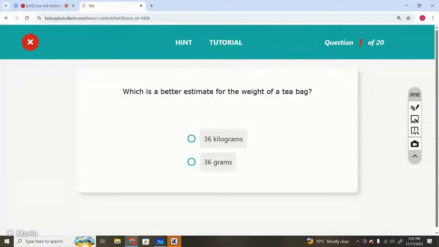Which is a better estimate for the weight of a tea bag? 36 kilograms or 36 grams. Option number 2 is the correct option because 36 kilograms is too much for the weight of a tea bag.